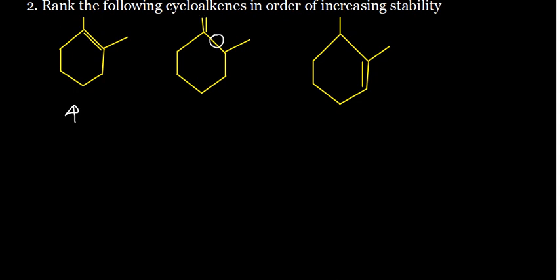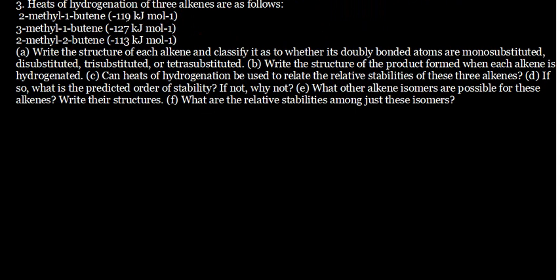We have 1, 2 groups, so we only have 2 there. If we consider the third one, this is the double bond here. The groups we have are 1, 2, and 3. So we expect that the most stable is the first diagram, followed by the third one, and then the second one. So that would be the order of stability.